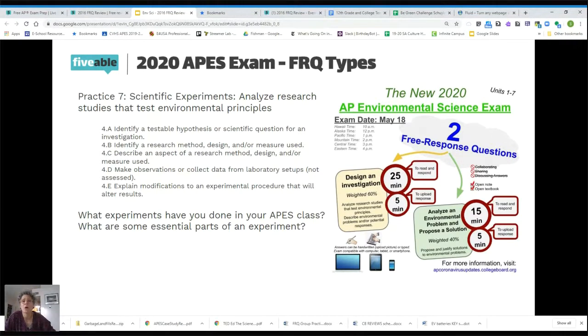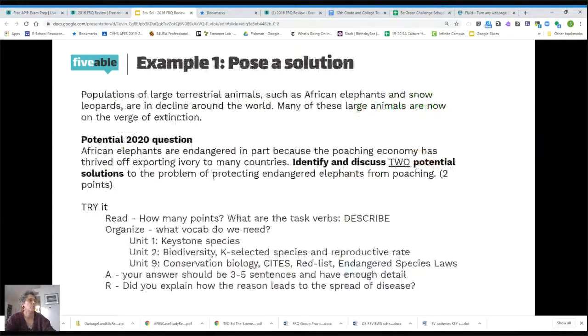Yes, elephants are K-selected species. That's why it's really important to protect them, because they don't have a lot of offspring and they don't have offspring very often. And so when you had organized, you could have pulled out the Unit 1, Unit 2 cards. That would help you. And then understanding that you need to provide that solution and talk about how it gets back.